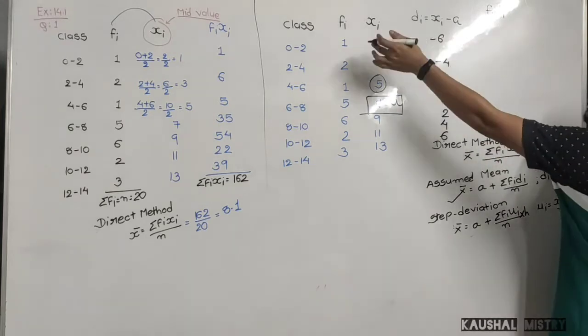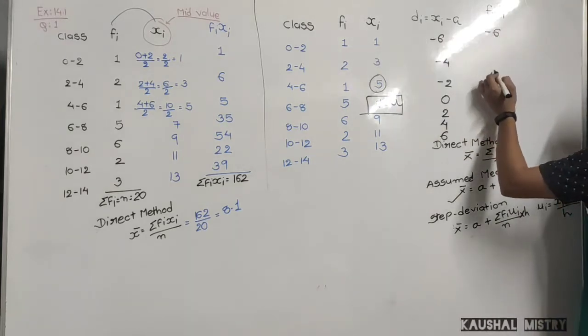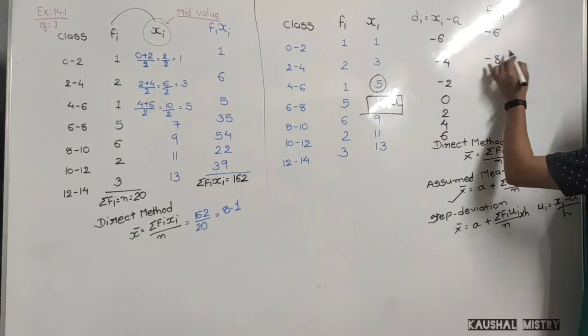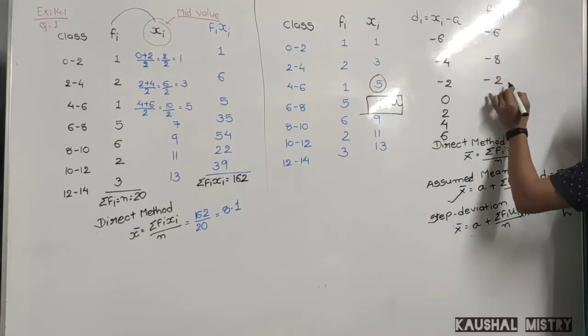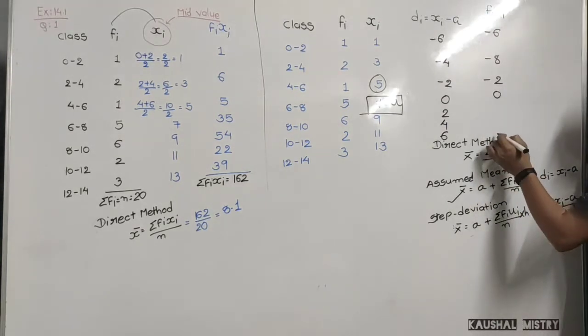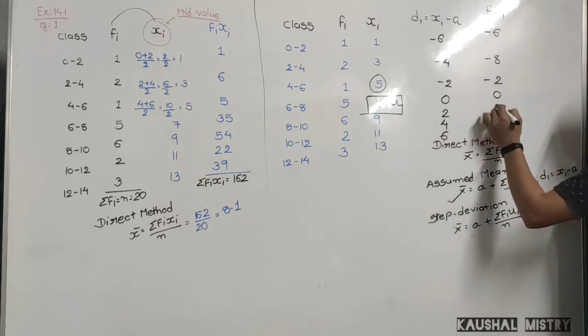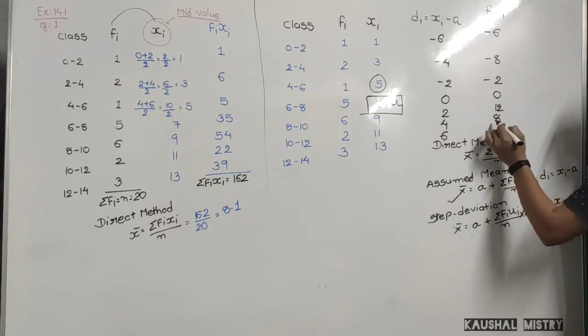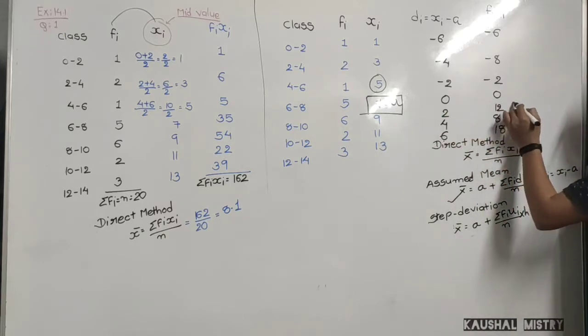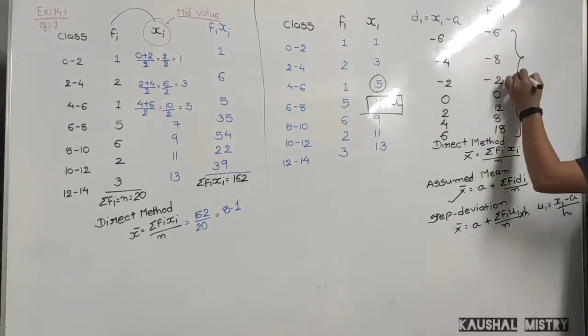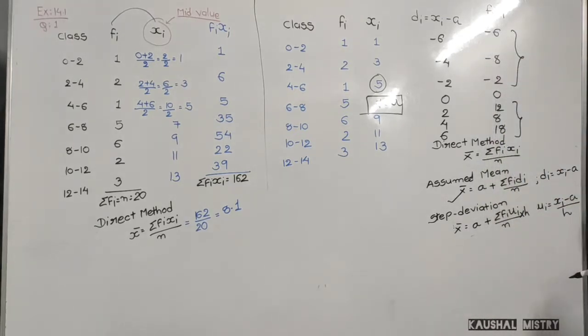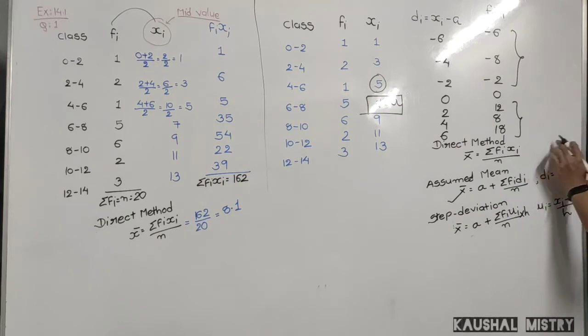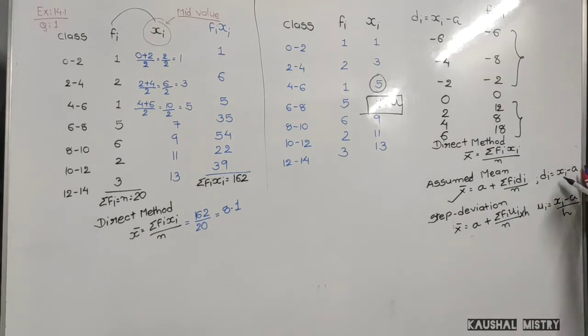So 1 into minus 6, that is minus 6, minus 8, minus 2, 5 into 0, 0, 6 2s are 12, 8 and 18. So the sum of this and this you have to take, right? I will write sigma fi di here.